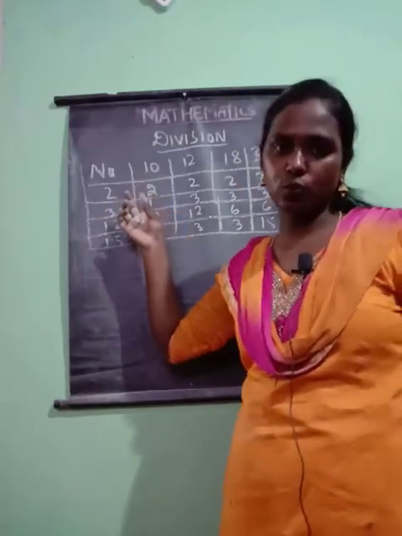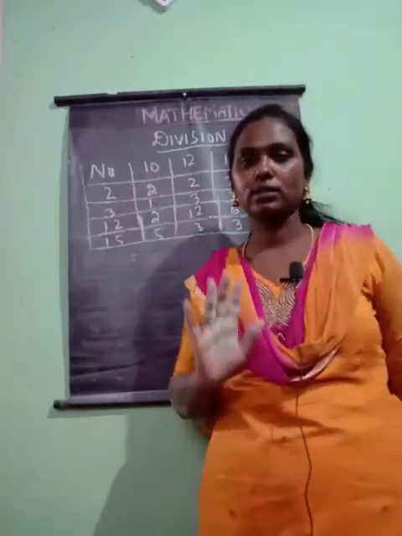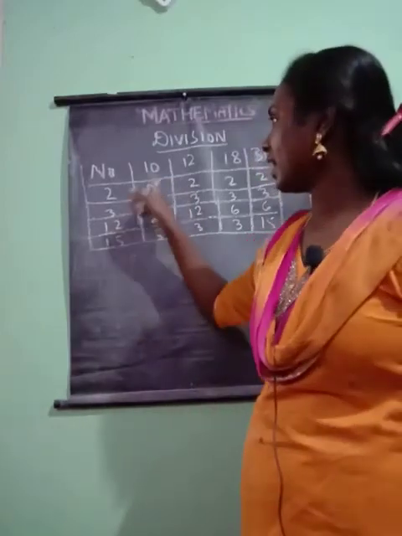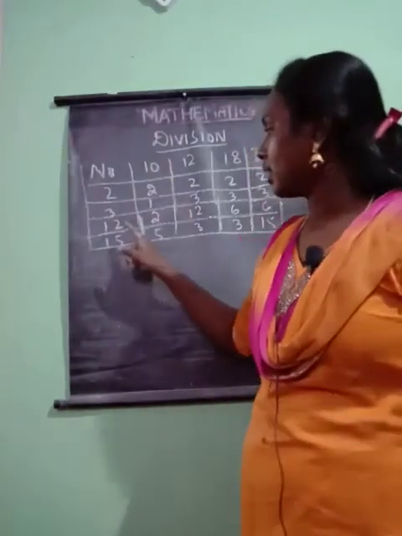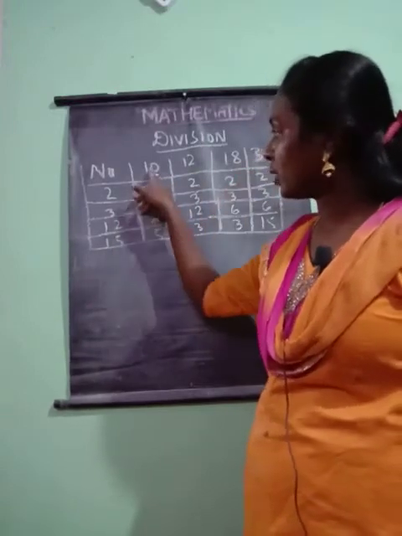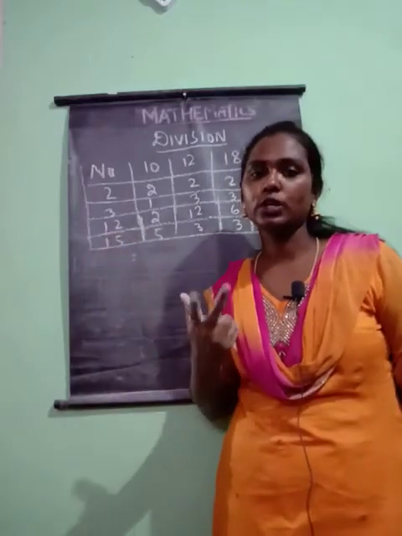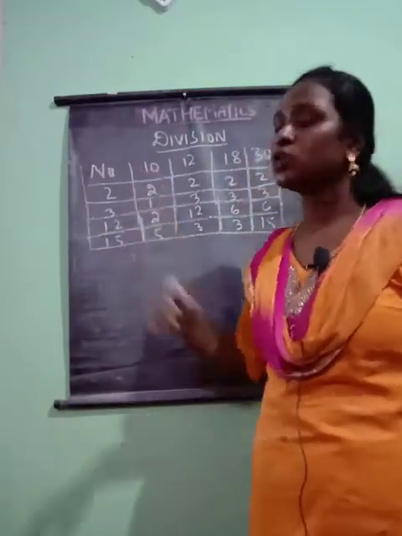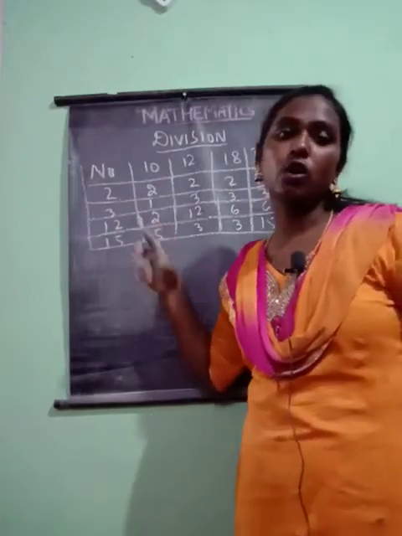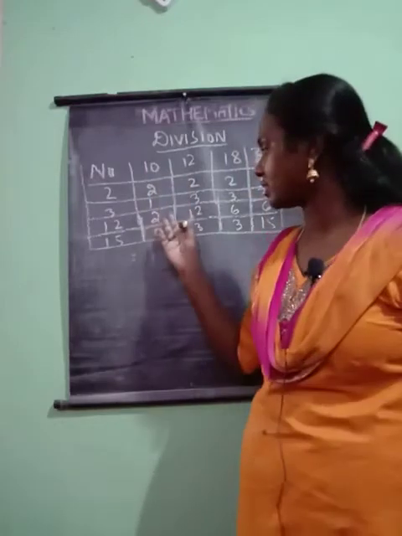So for 2 and 10 I have written 2, and for 3 and 10 writing 1 is the common factor. Again 12 and 10: 2 6s are 12 and 2 5s are 10, so 2 is the common factor, which is also the highest. In the 3 table we will not get 10, so I have written 2.